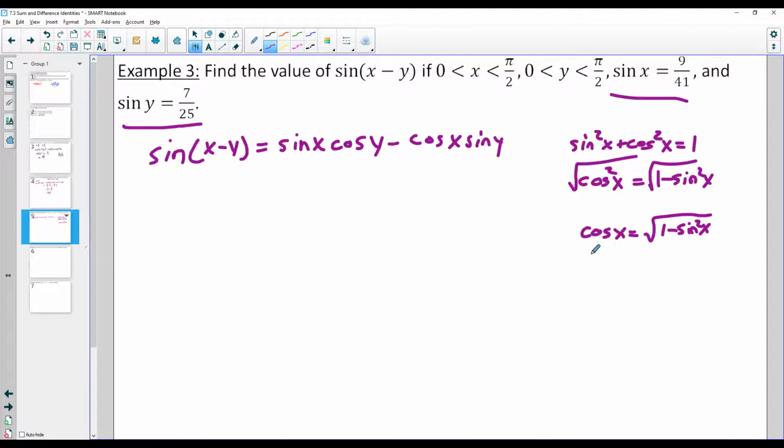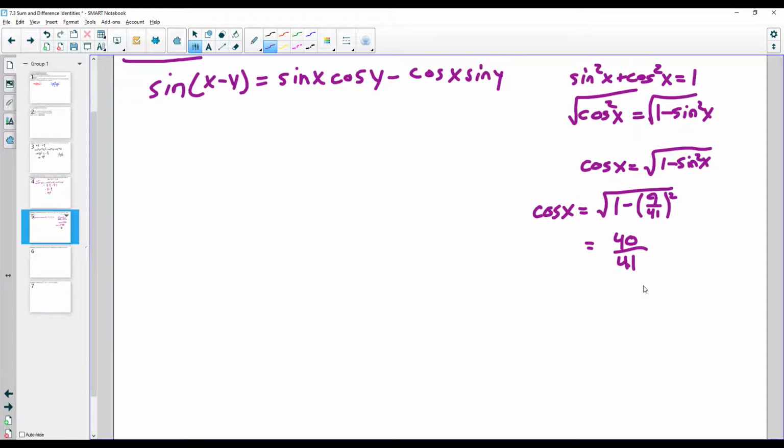If we follow that, then we can find out that cosine of x equals the square root of 1 minus 9 over 41 squared. If you put that in a calculator, you would get 40 over 41.